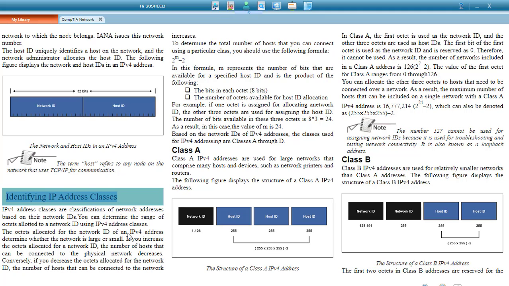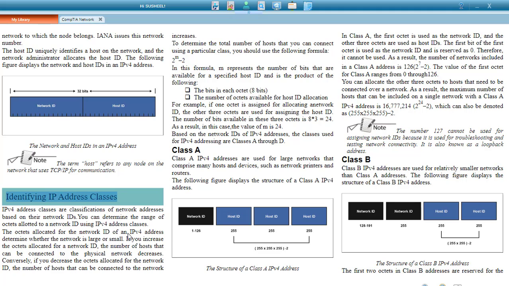Identifying IP address classes. IPv4 address classes are classifications of network addresses based on their network IDs. You can determine the range of octets allotted to a network ID using IPv4 address classes. The octets allocated for the network ID of an IPv4 address determine whether the network is large or small.